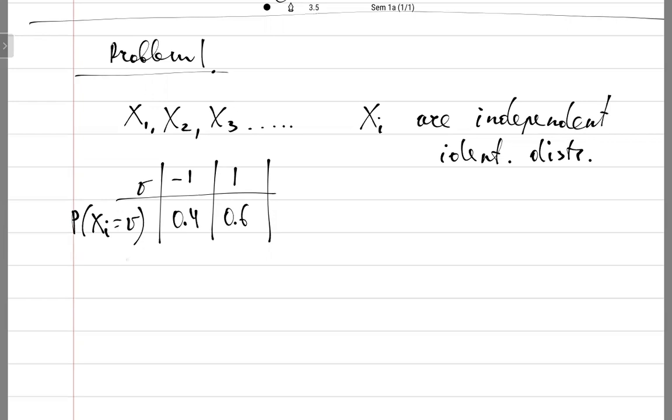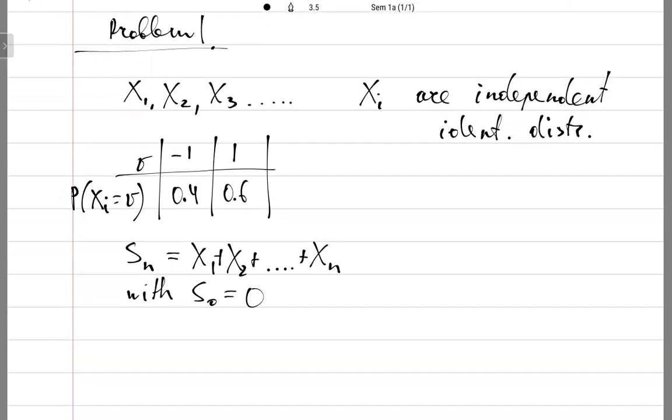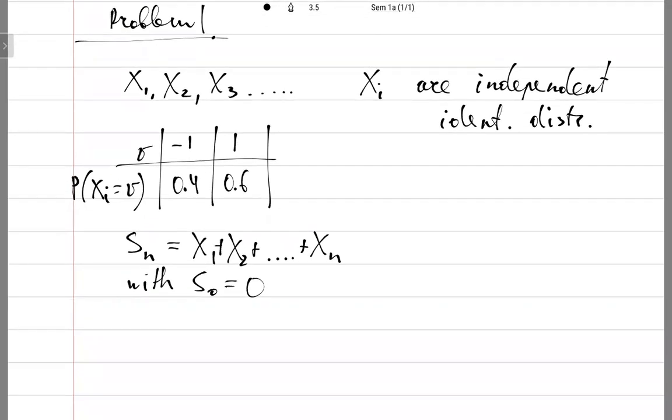And let's create also Sn. That is X1 plus X2 plus ... plus Xn, with initial condition S0 equal to 0. So I have created two random processes, the random process X1, X2, X3, and the random process S1, S2, S3.